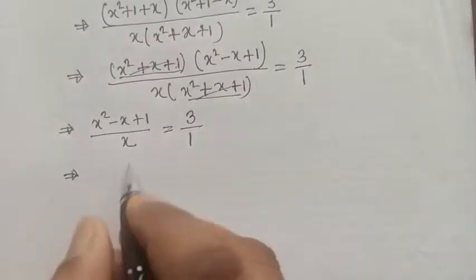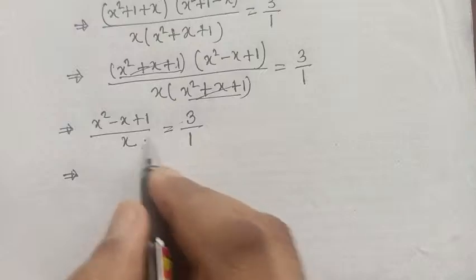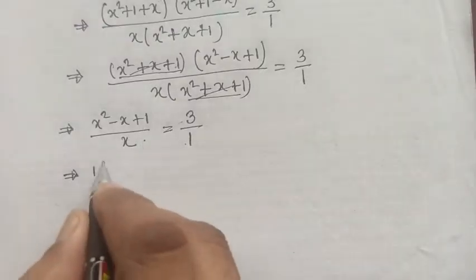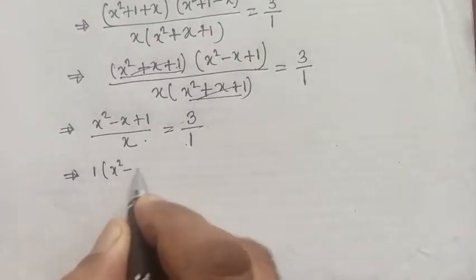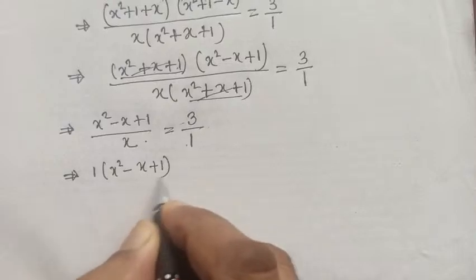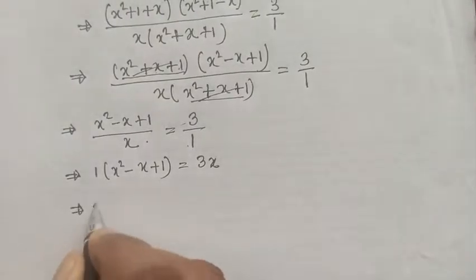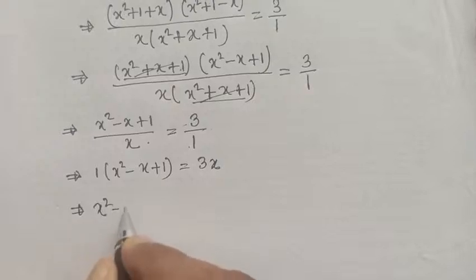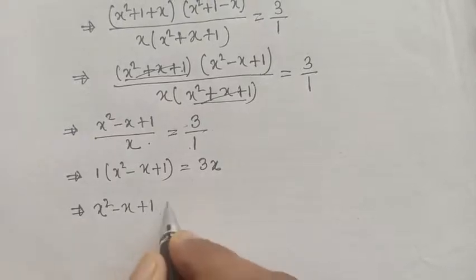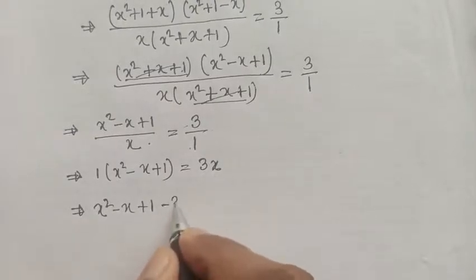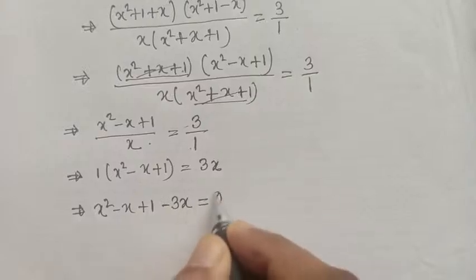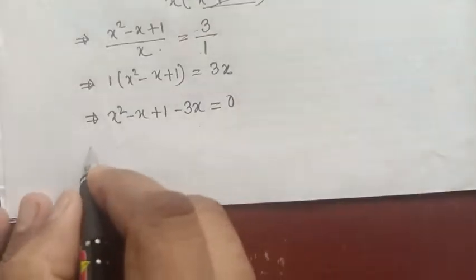So if we multiply that into x and 1 into that, the expression will be like this: 1 into (x square minus x plus 1) equals 3x. So if you multiply and move this 3x to the left hand side, the equation becomes like this.